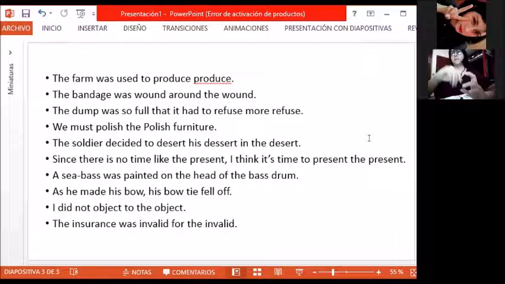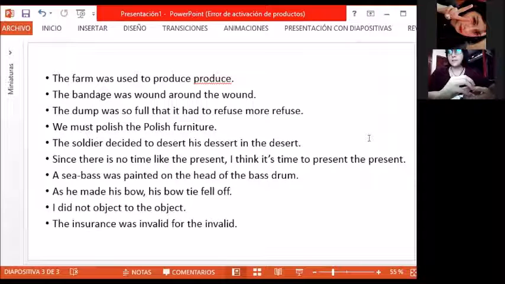The first one says the farm was used to produce. The second one says the bandage was wound around the wound. The dump was full that it had to refuse. The next one says we must polish the polished furniture. The next one says the soldier decided to desert his desert in the desert.